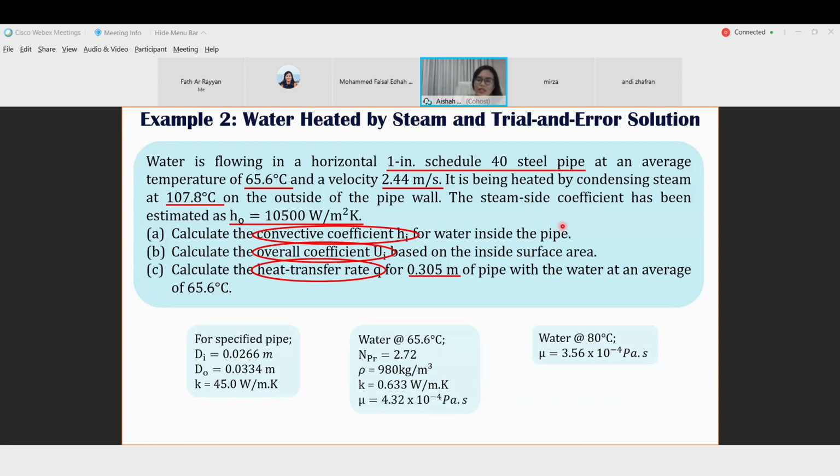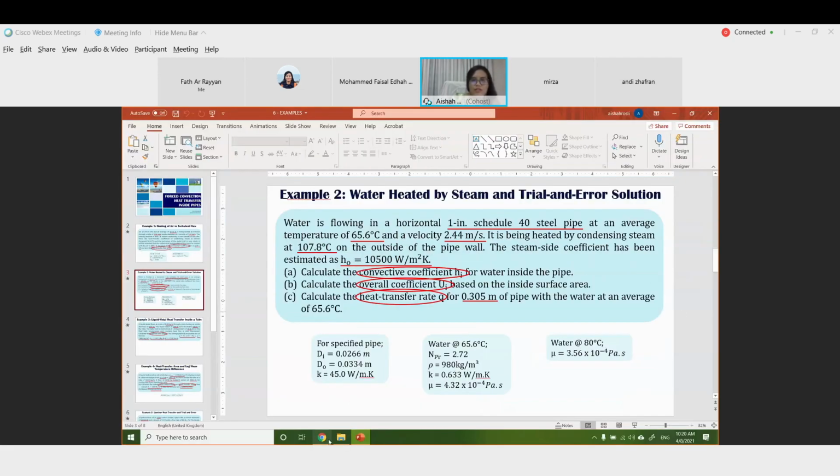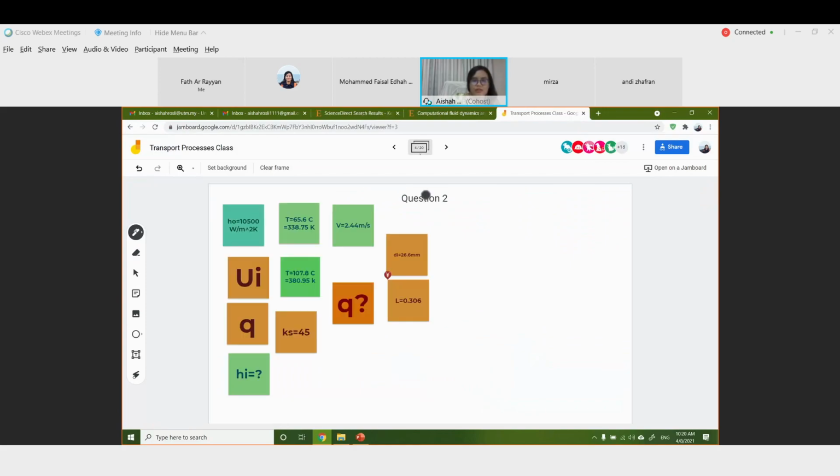So using the appendix, you can get the mu of water at 80 degrees Celsius to be 3.56 times 10 to the power of -4 Pascal second. So let's try and solve this. Okay, great job, you guys got this correct. I still have some space here, so let's try it here.